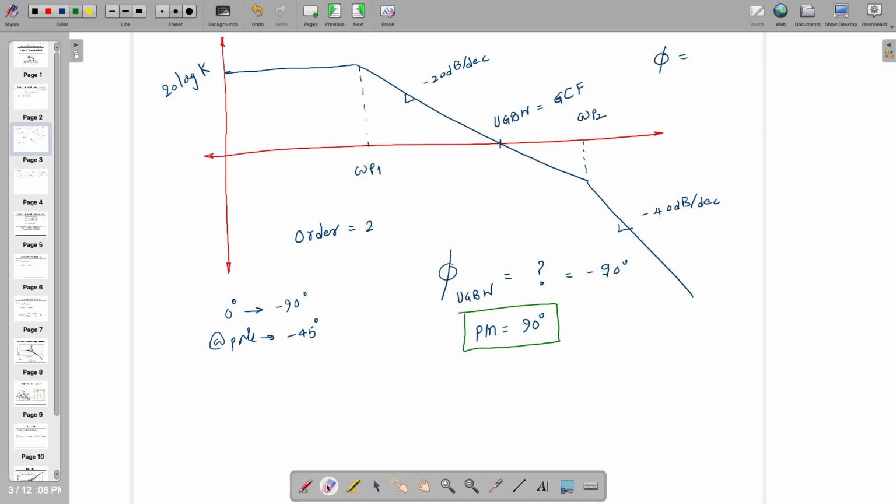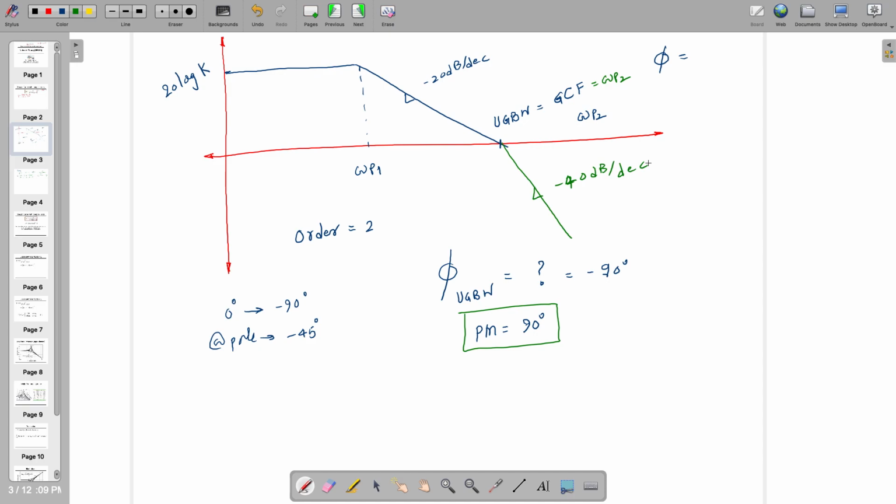But what if I keep my second pole exactly on top of UGBW, with minus 40 dB per decade? Can you tell me what will be the phase margin?